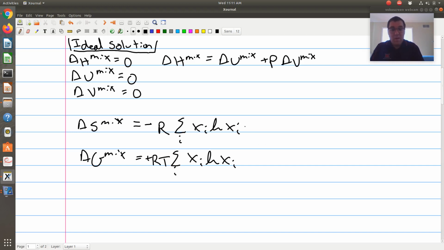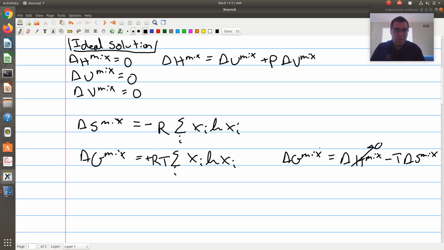And if you could just remember one or the other, remember just as we saw with H, G is defined as H minus TS. So delta G of mixing is equal to delta H of mixing minus T delta S of mixing. Mixing is done at constant temperature and pressure, so delta H of mixing is 0.